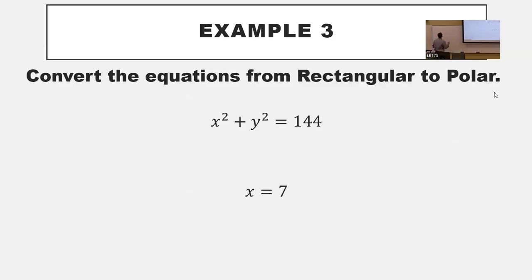So for instance, let's look at the following two equations. And let's say we want to convert the equations from rectangular into polar. We have x squared plus y squared is equal to 144. And then x is equal to 7.